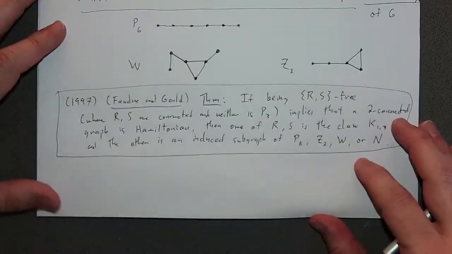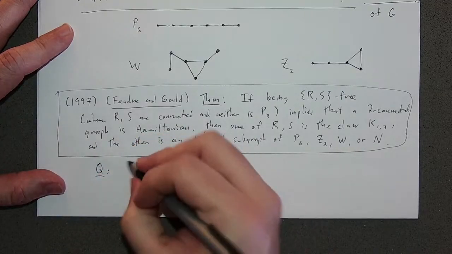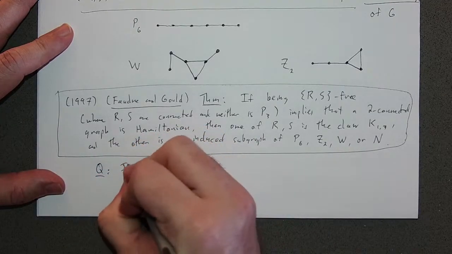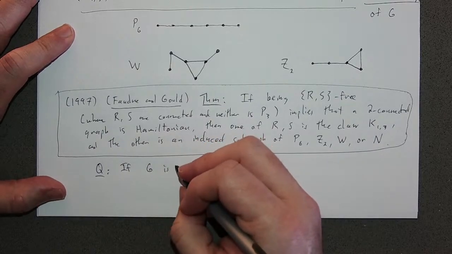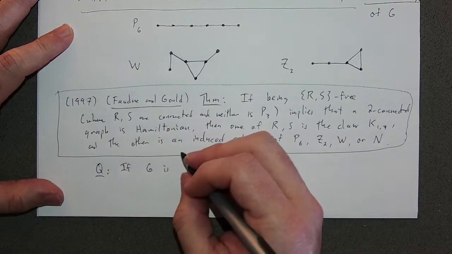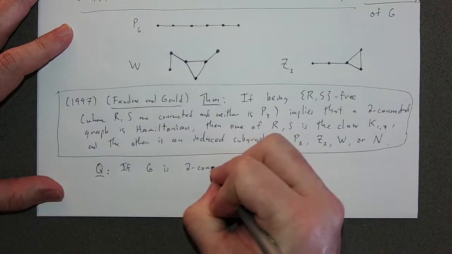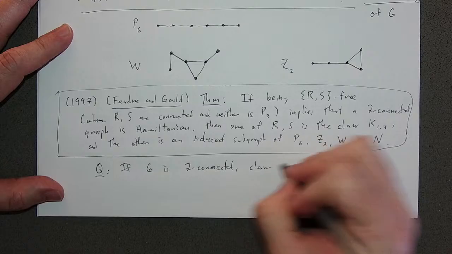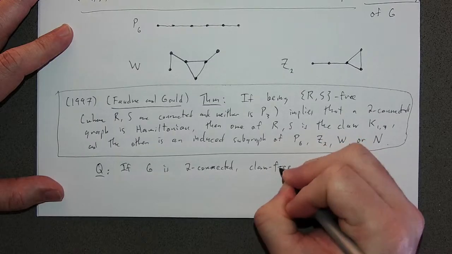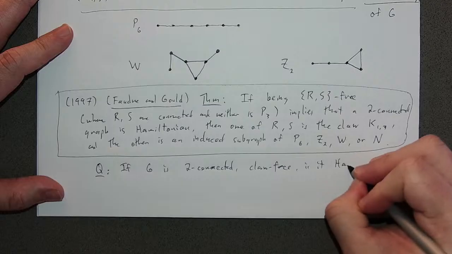Maybe I'll ask the question still first anyway. If G is, say, 2-connected and claw-free, is it Hamiltonian?